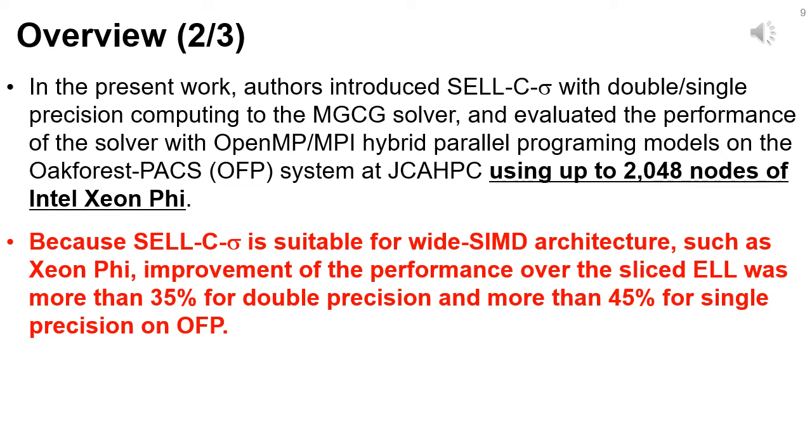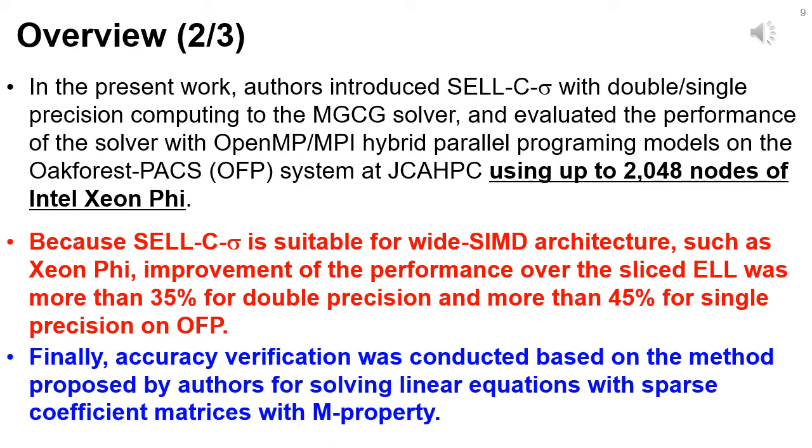Because Sell-C-sigma is suitable for wide SIMD architecture, such as Xeon Phi, improvement of the performance over the sliced ELL was more than 35% for double precision, and more than 45% for single precision on OFP. Finally, accuracy verification was conducted, based on the method proposed by authors for solving linear equations with sparse coefficient matrices with M property.